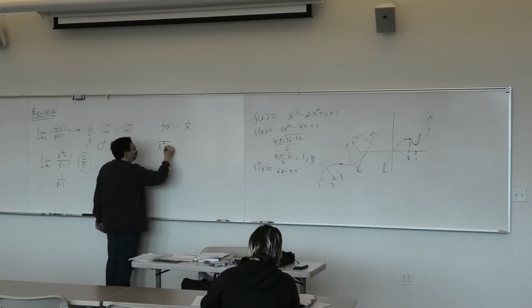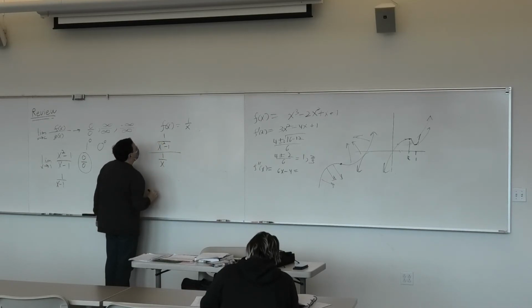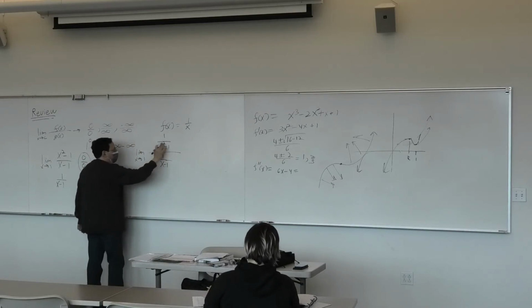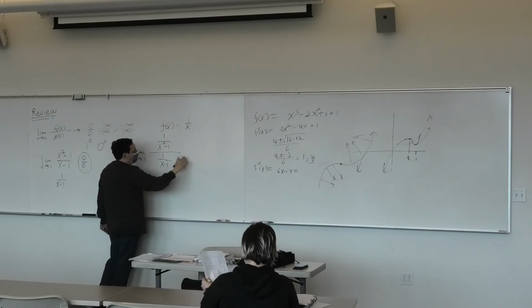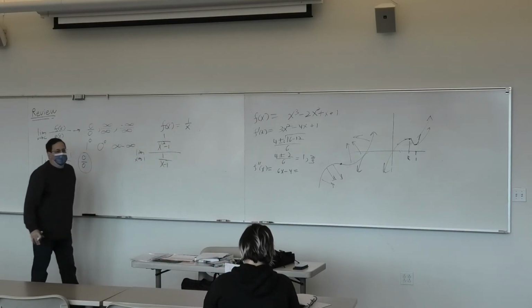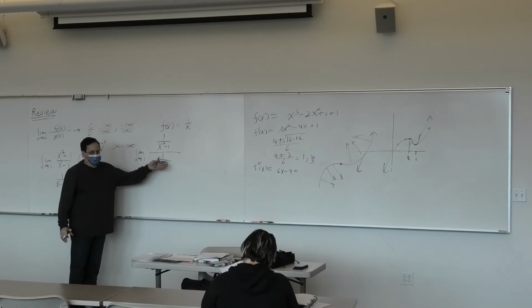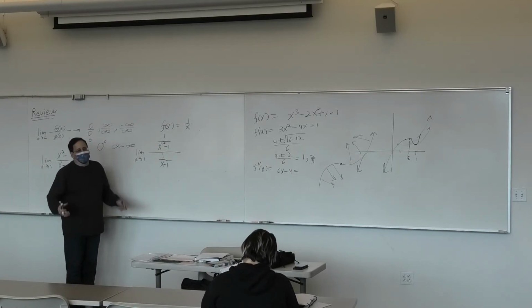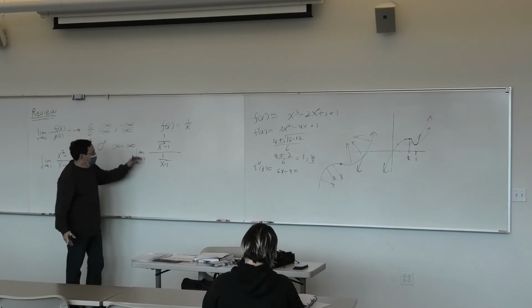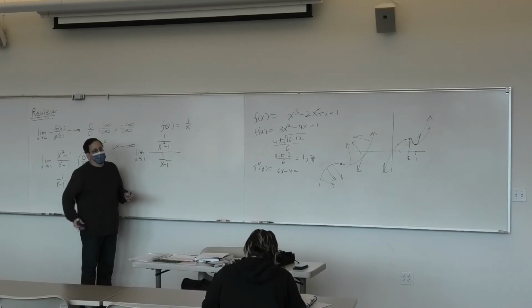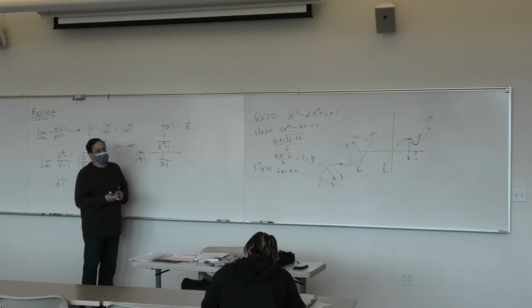So let me just try a different one. This limit as x approaches 1, this is going to infinity, this is going to infinity. At 1, it's undefined. I don't know what infinity over infinity is. But this function may approach some value.